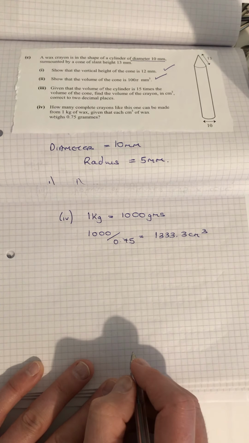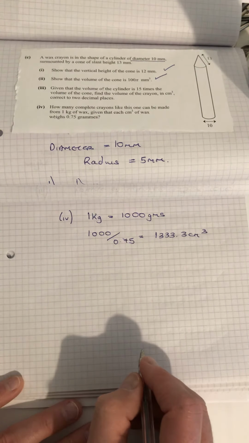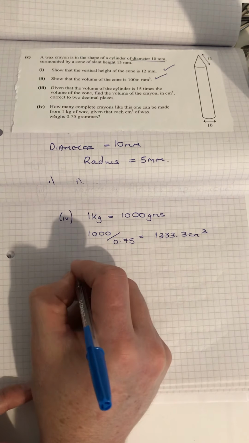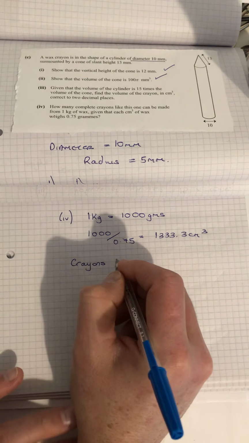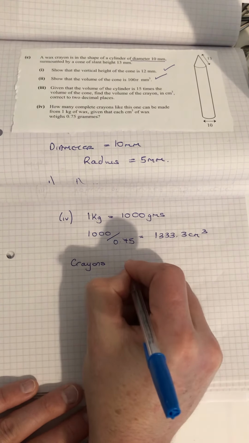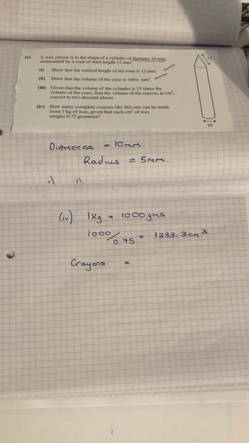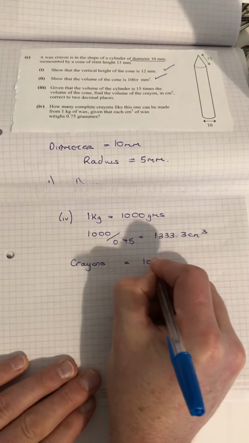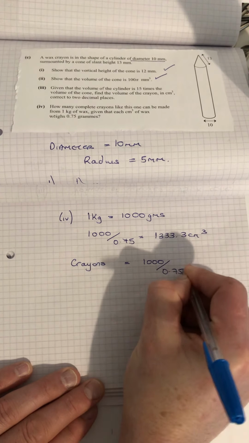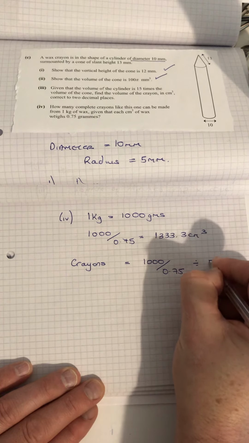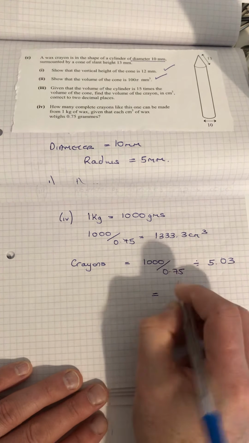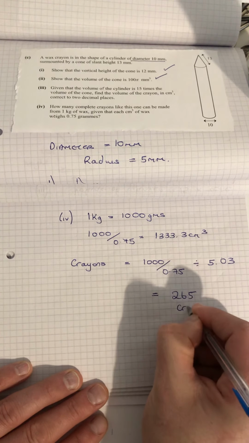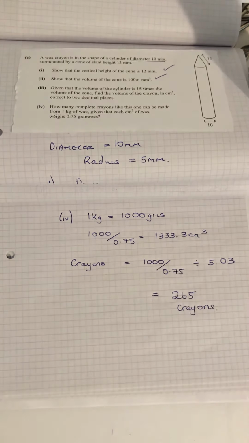Okay. And the crayons then is equal to 1,000 divided by 0.75 and divide that by 5.03, which is equal to 265 crayons. Okay.